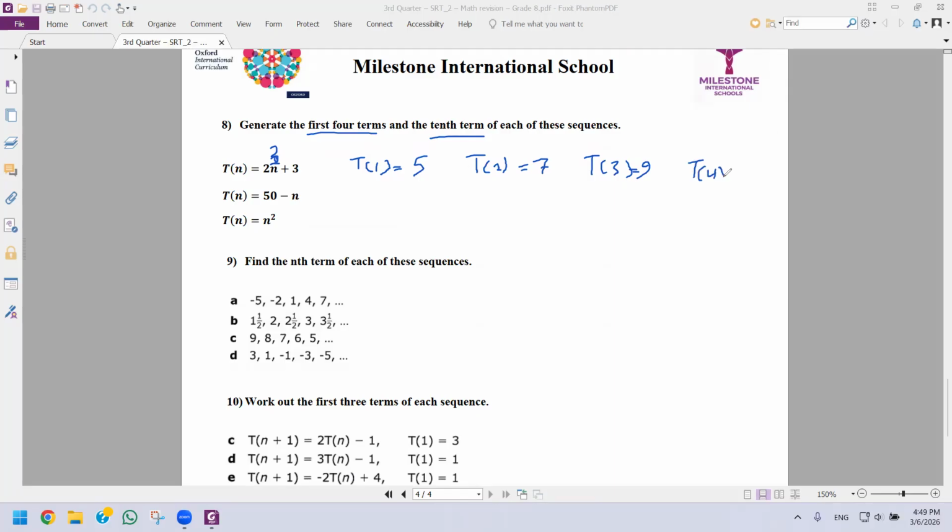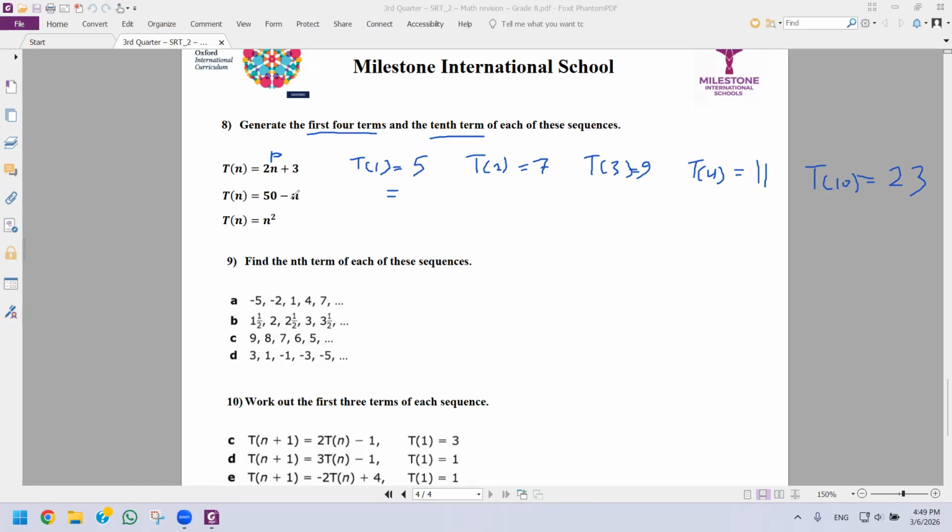T4 is equal to 4 times 2 is 8 plus 3, 11. Last thing, we need the 10th term, T10. We do the same thing. Instead of n, we write 10. So 10 times 2, 20 plus 3, 23.